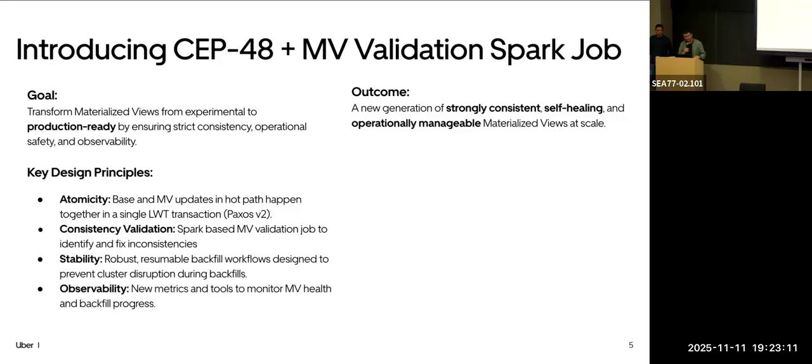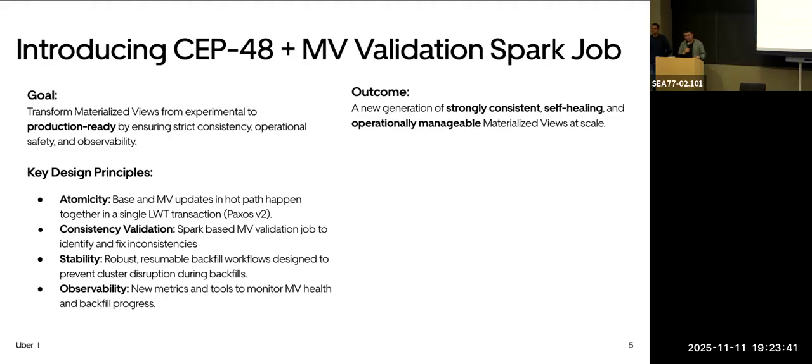Now we're going to introduce the CEP-48 with the MV validation Spark job. The goal is to take materialized view from an experimental feature to a production-ready feature by ensuring consistency, stability, and observability. For the consistency part, there are two major things.